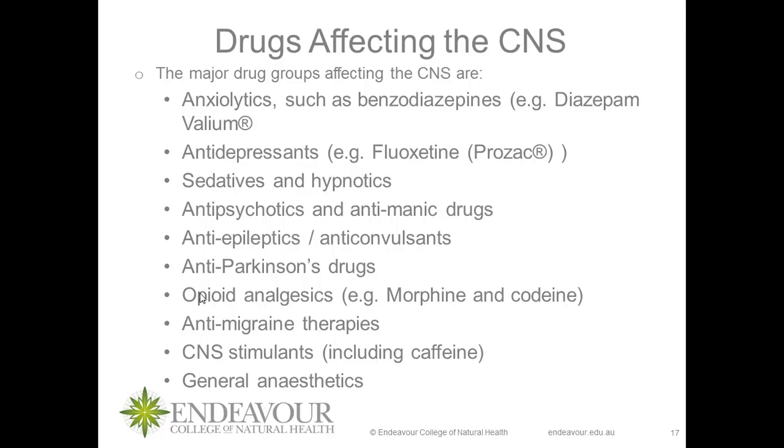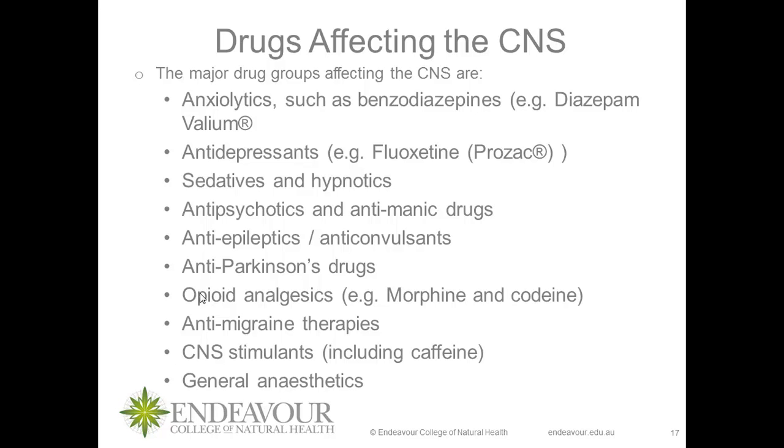We're going to consider antipsychotics and anti-manic drugs, anti-epileptics and anticonvulsants. They work in the CNS. There is also a link here with pain perception and pain mediation. We're going to see that some anti-epileptic or anticonvulsant medications are used to control pain.